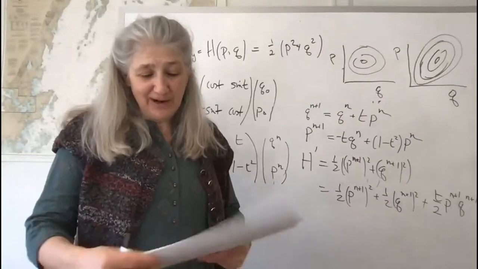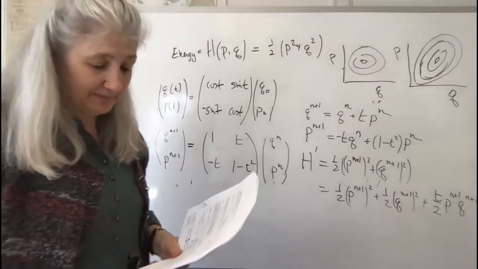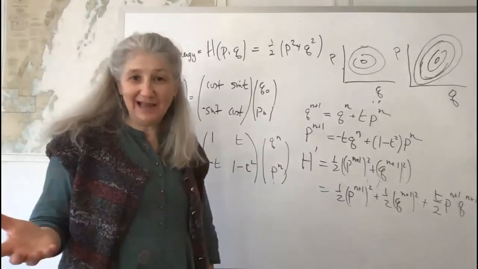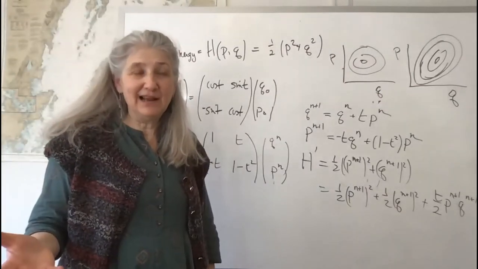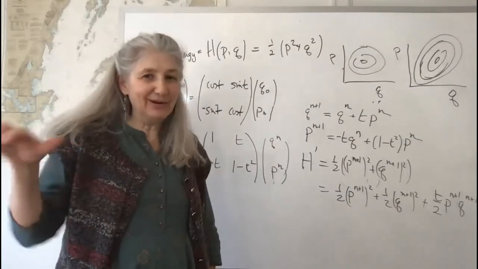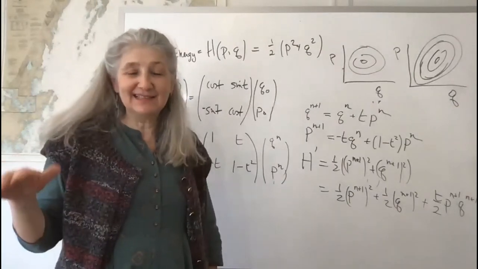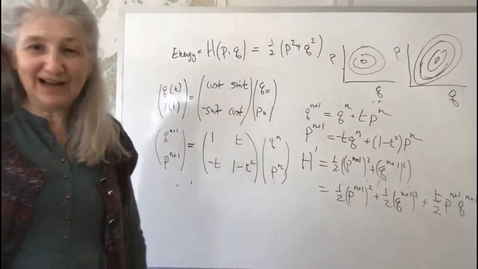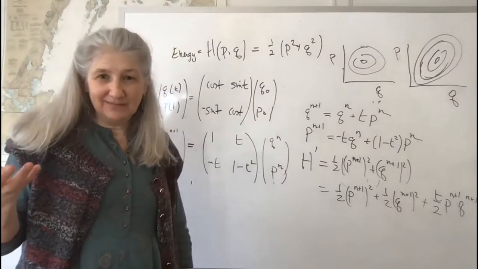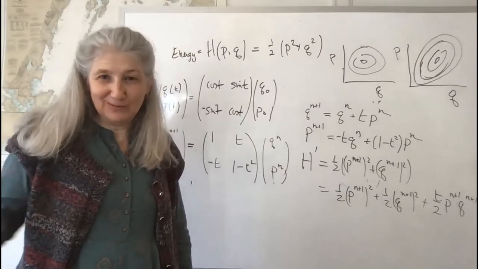So that's the whole point. It will be well behaved forever. The difference between the actual trajectory and the real one, they'll never get very far apart, because some energy is conserved, but you're not conserving the exact energy. You're conserving some energy that's close to the real one.